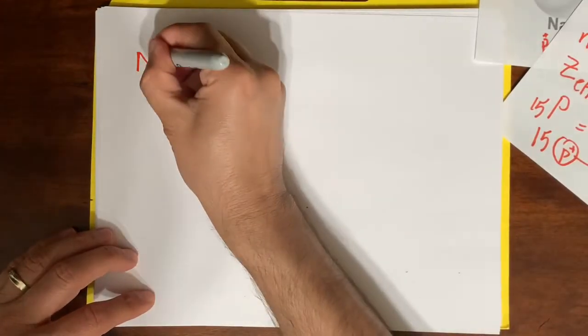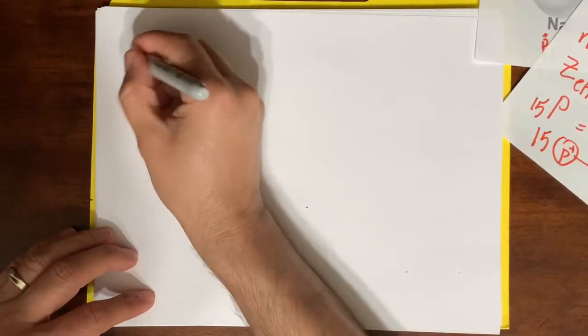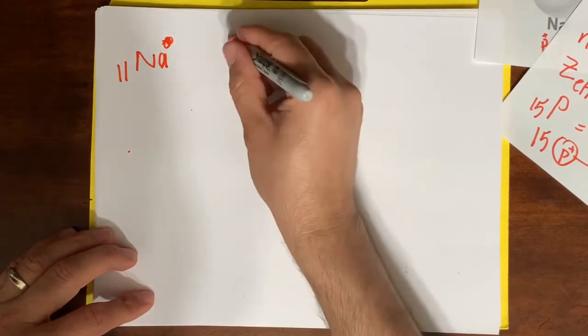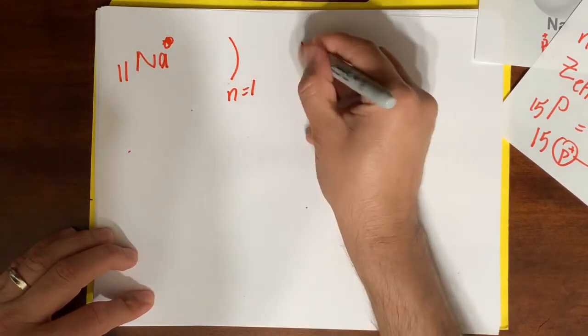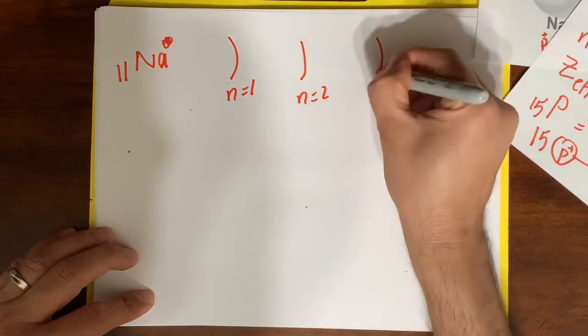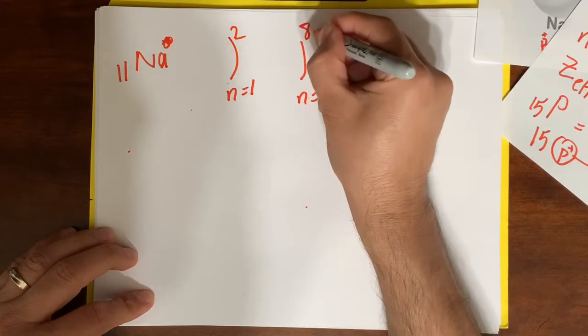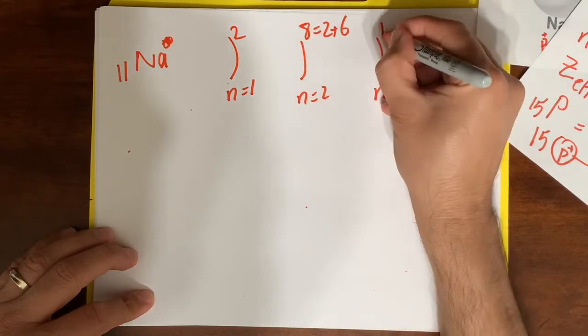For sodium, I have 11 protons, and n equal 1, 2, and 3. You have 2, 8, or 2 plus 6, and just 1.